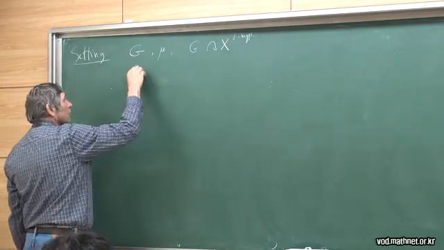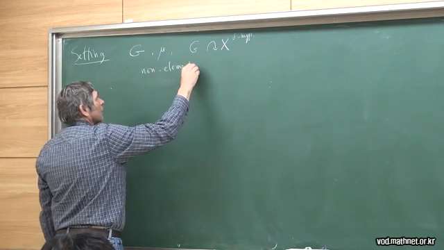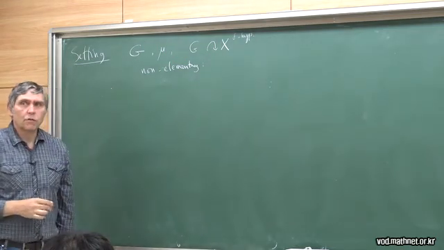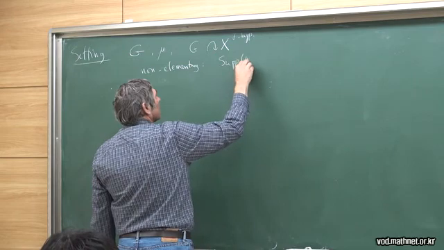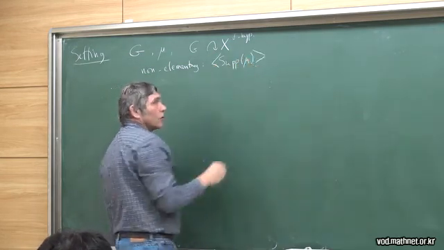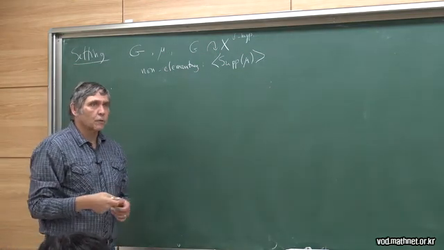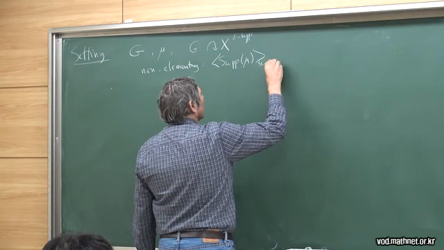So it's non-elementary, and what that means is, well, first of all, if you look at the support of the measure, so that's some kind of a subset of the group, and you look at the semigroup it generates. So you're not allowed to take inverses, just compositions of elements in the support. So this is the semigroup support.